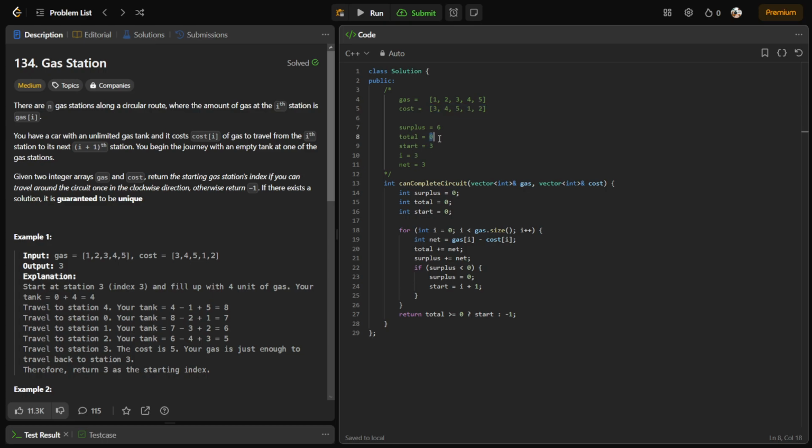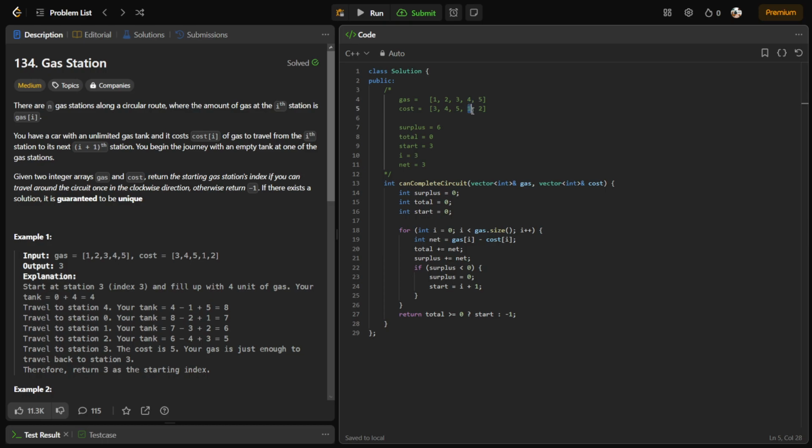If the total is, let's say, -2, it means that for every round we do, we will lose 2 gas, because the gas is lower than the cost. Which means that in this case we would have to return -1. But since the total is 0, meaning we have just enough gas, we can return the starting index, which in this case is 3.